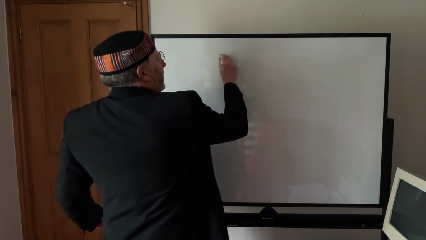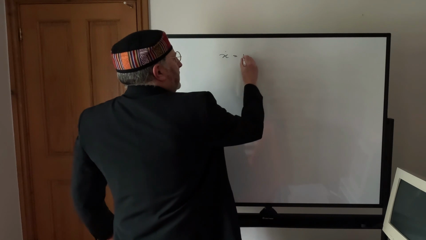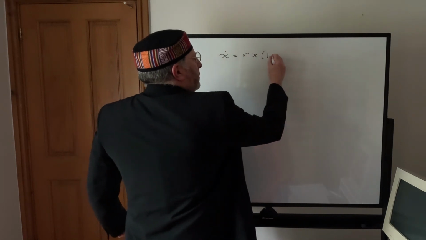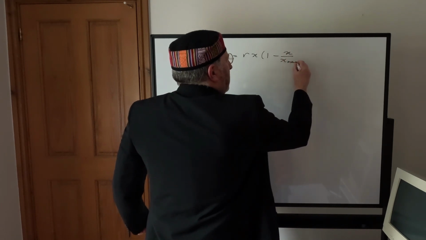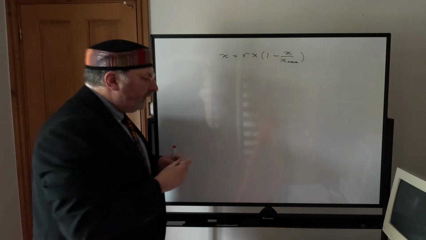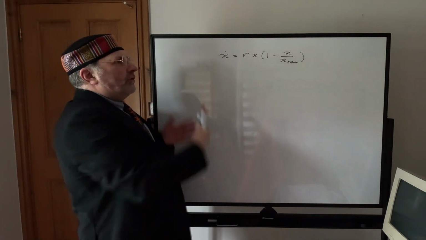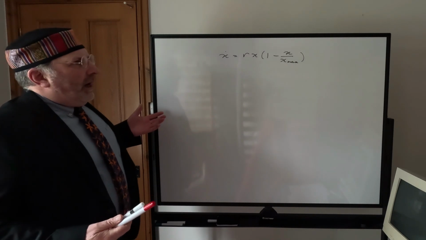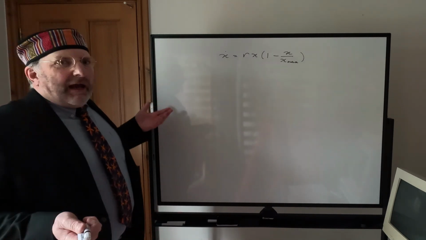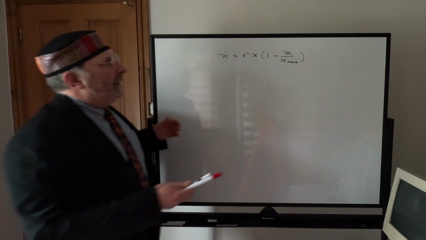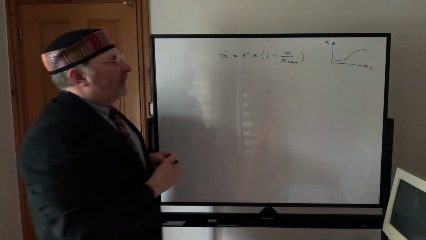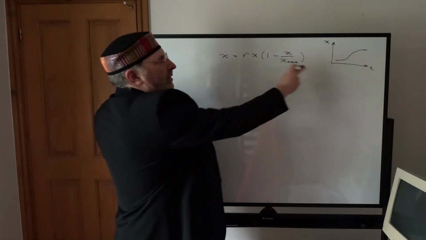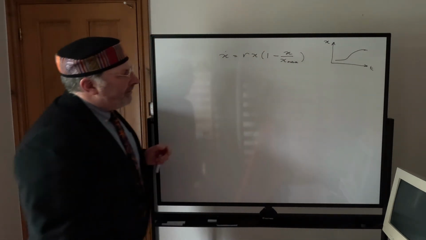So let's write up again our logistic equation. X dot equals r x into 1 minus x over x max. Now if we want to show that data is logistic, we can take our values of x against time and plot it on a graph, and if it comes out sigmoidal, we know that our data is logistic.